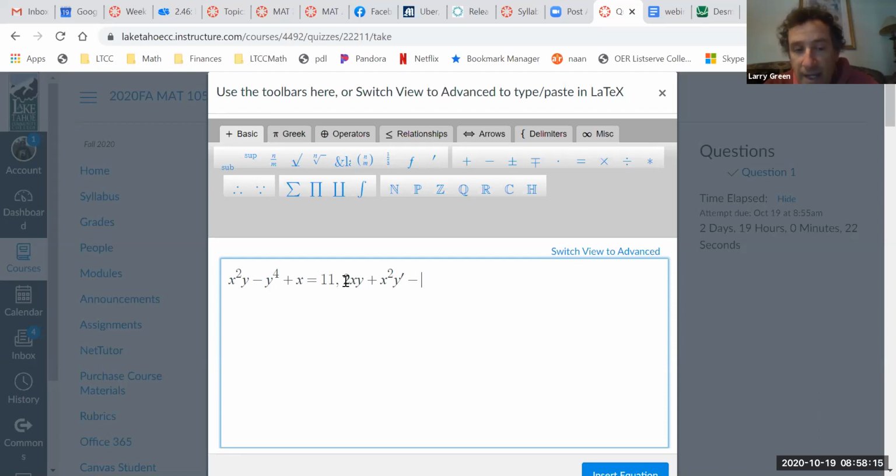Okay, then we go minus, and then we have to take the derivative of y to the fourth. What rule do we have to use for that one?